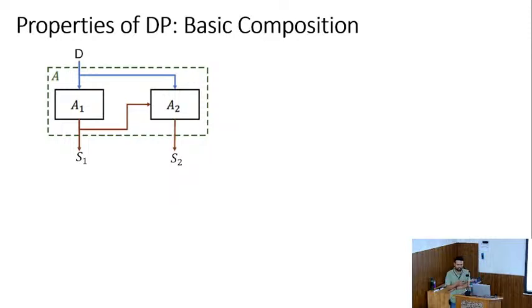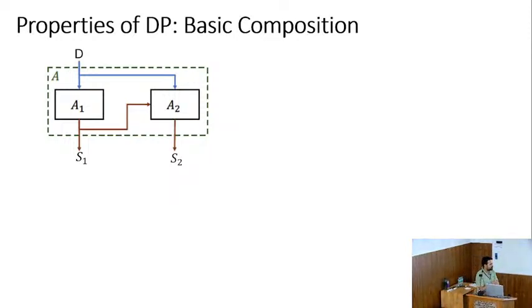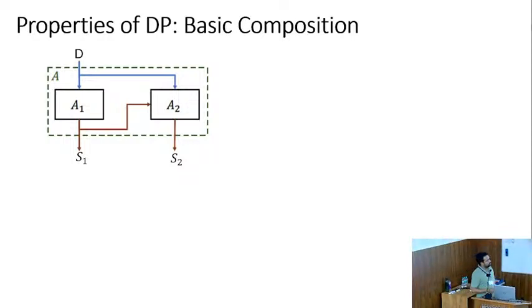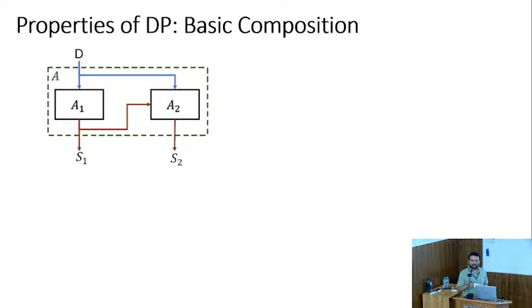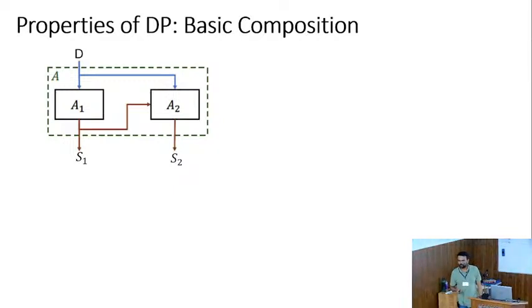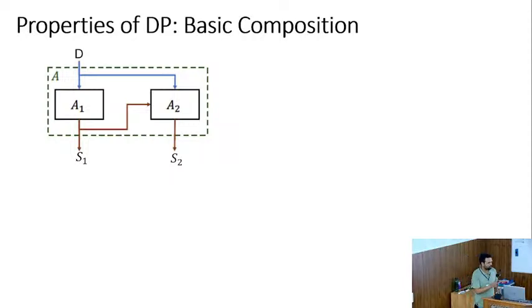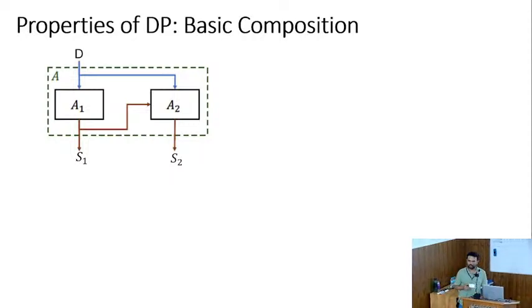If we take the output of all the queries and try to build a final algorithm out of them, how much will the privacy degrade, or will it remain the same? This property will tell us that if we compose the results of multiple queries, privacy will degrade.